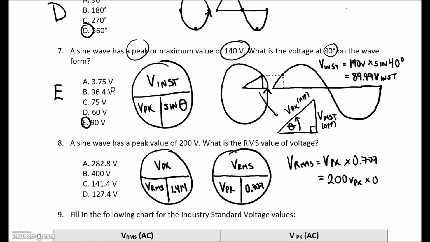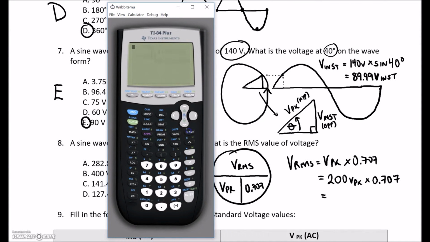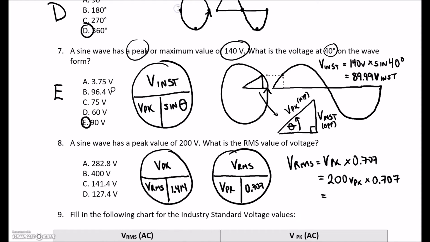We're going to multiply that by 0.707, and let's see what it gives us for our RMS voltage. Okay, so we got 200 times 0.707. That gives us 141.4 volts. Hey, gorgeous. There it is right there. 8 is C.